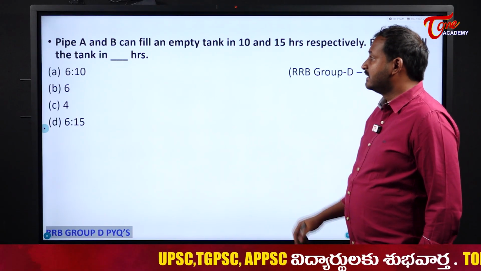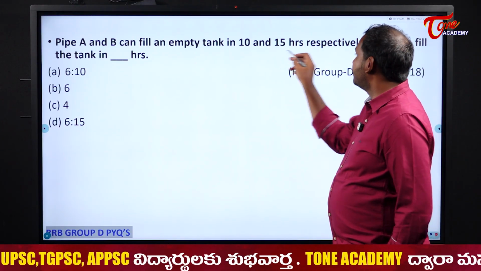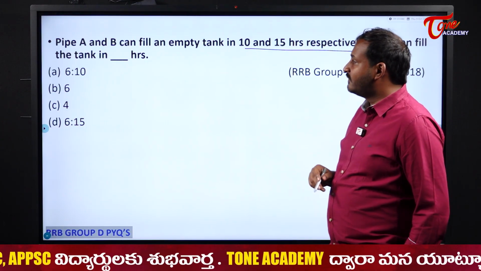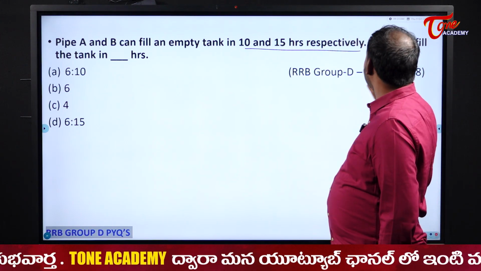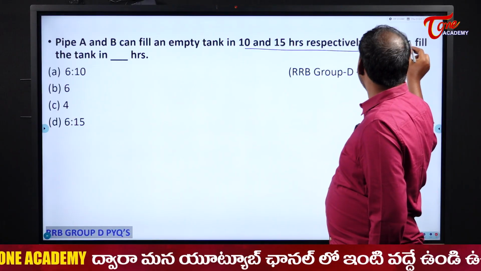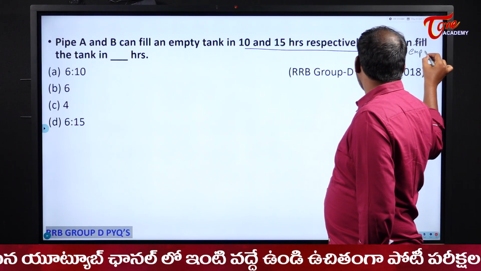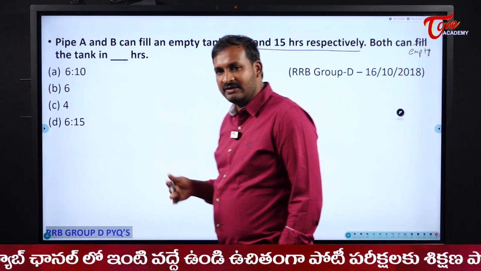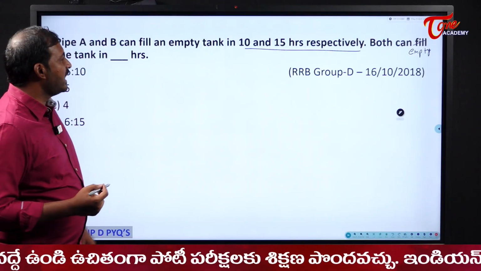See here, pipes A and B can empty a tank in 10 hours and 15 hours respectively. If both can empty the tank, how can they fill it? That is not the case. Both can empty the full tank in what time?